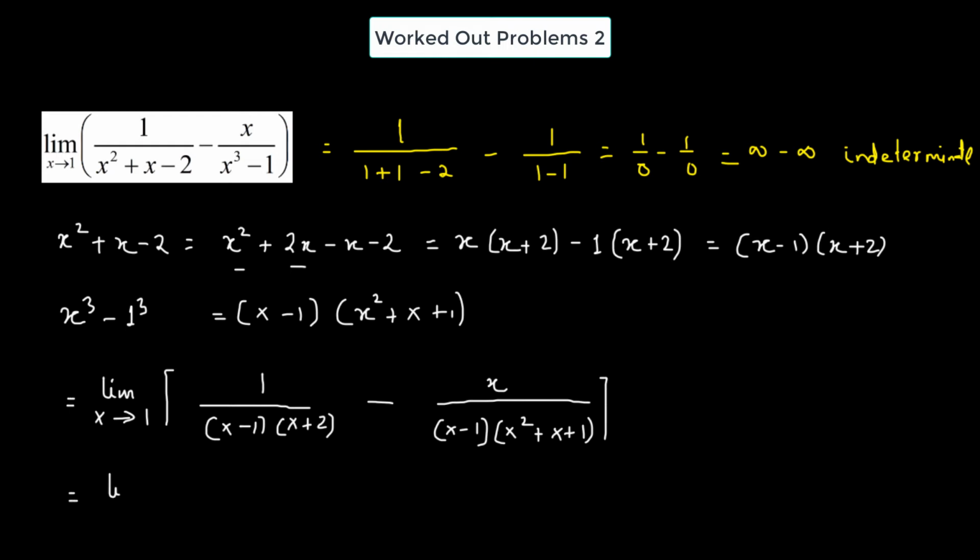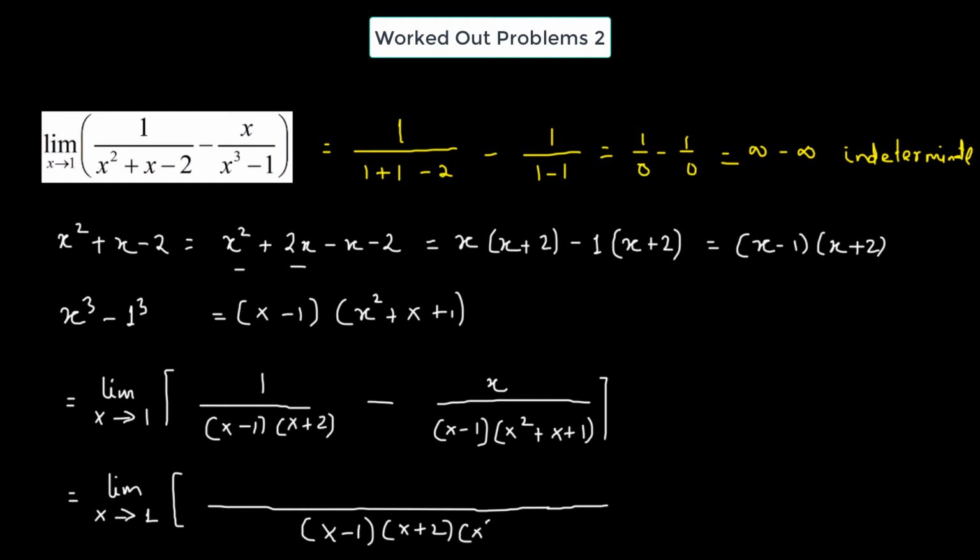On further calculation, we have limit x approaching 1. Now we're going to take the lowest common multiple of the denominators of the two rational functions. So we have x minus 1 as the common factor, so it will come once. Then we have x plus 2 and x squared plus x plus 1.